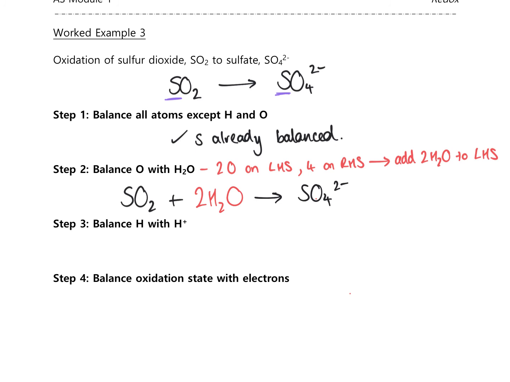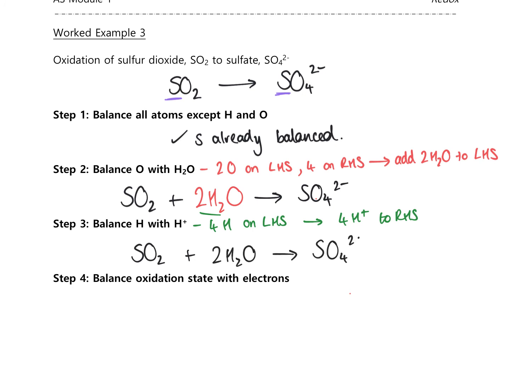So if you have a look at your left-hand side, you've got 4 hydrogen atoms on the left-hand side. That means we need to add 4 H+ to the right-hand side. So that becomes SO2 plus 2H2O, haven't changed the left-hand side, giving you SO4 2- plus 4H+.